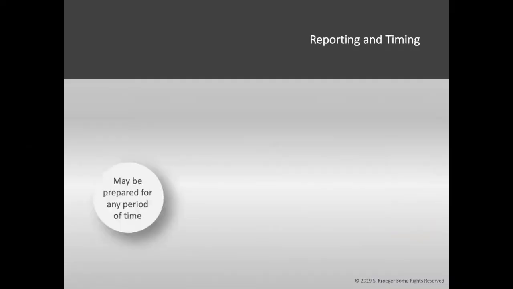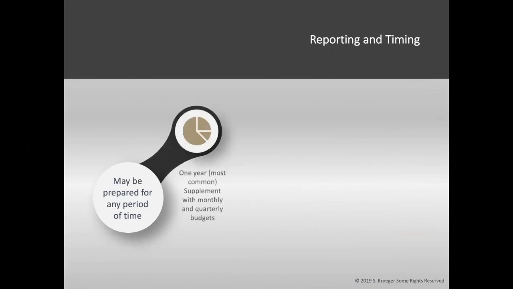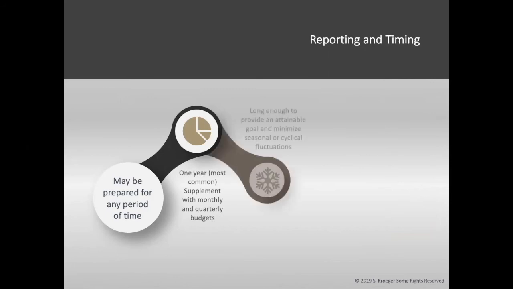Budgeting is a part of managerial accounting, which means it's for internal use only, and there are no specific laws or rules to follow. Budgets can be prepared for any time period. The most common is a 1-year time period with monthly and quarterly reports to supplement it. You want the period to be long enough to provide an attainable goal and minimize any seasonal fluctuations.